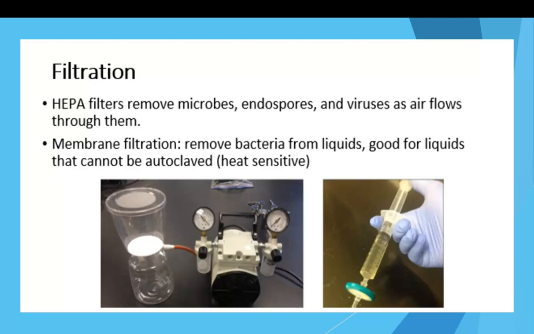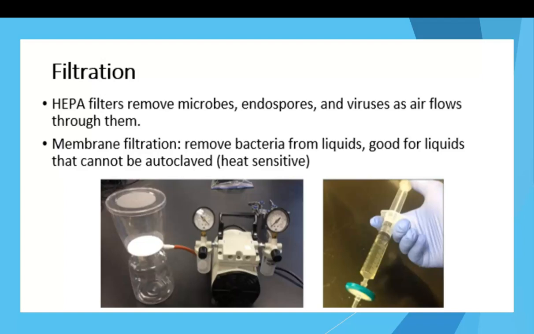For example, there are some liquids that we cannot use under the autoclave, so they are heat sensitive, for example antibiotics or blood, or there are a lot of materials that we cannot put in the autoclave because of the high temperature. So filtration is another important technique by which we can remove the microorganisms from that liquid or solution easily without exposure to heat.